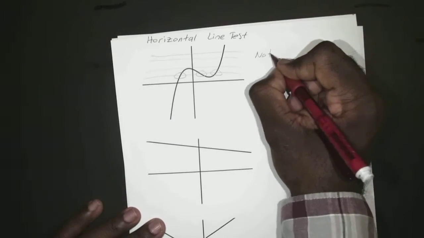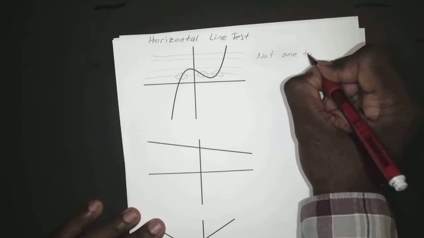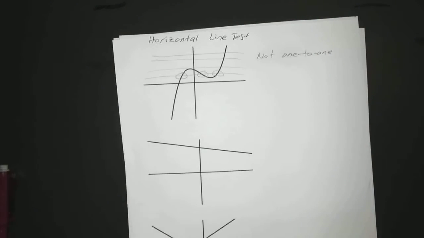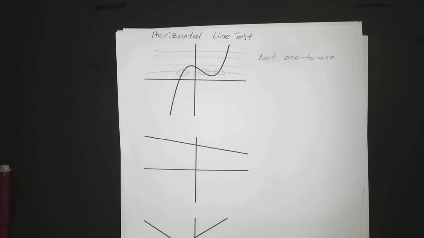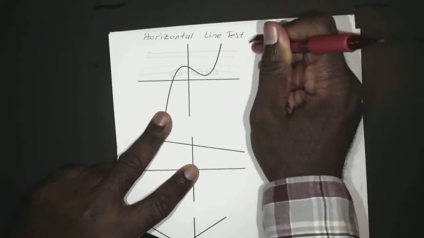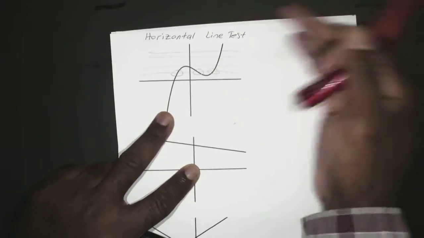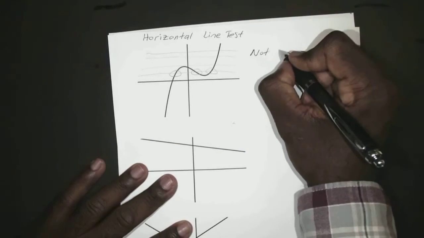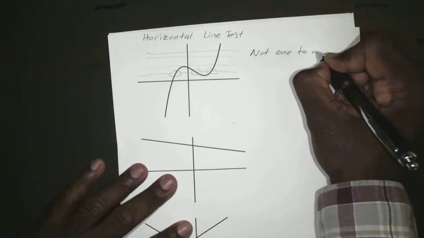So you know this is not 1 to 1. I usually like doing that in pen because for some reason pencil doesn't show up in the scan very well. So not 1 to 1.